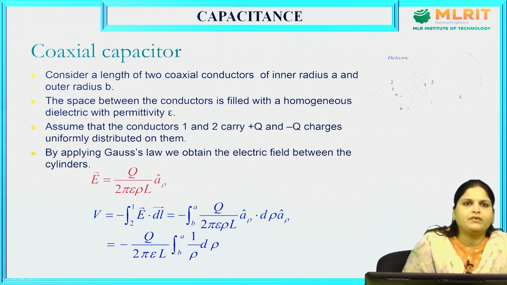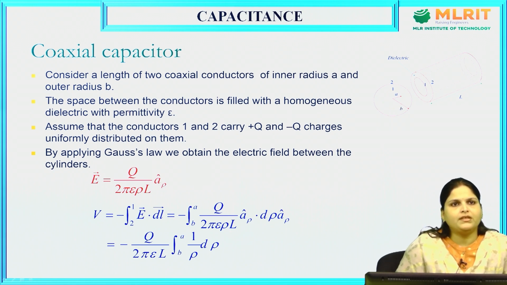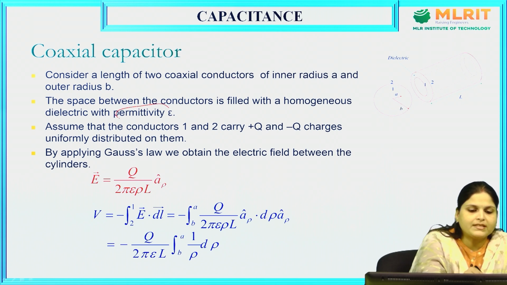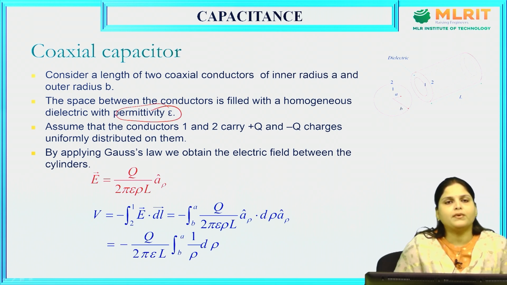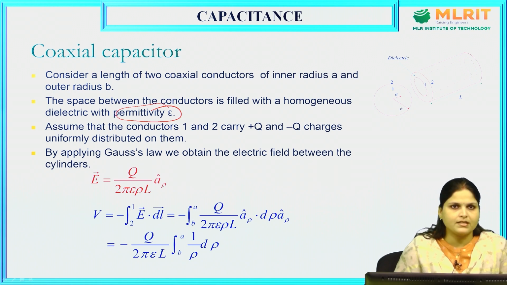The space between the conductors will be filled with a homogeneous dielectric whose permittivity is epsilon. Again, we will assume that conductor 1 carries positive Q charge and second carries negative Q charge, uniformly distributed over them.